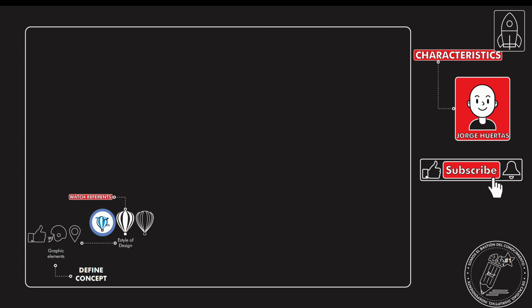Then it's very important that you watch references, extremely important, otherwise it will be very hard to be inspired to create something. And with that, you define the graphic line. There are two possible scenarios. The first one is that you are already working with a brand book, so you will find those elements.